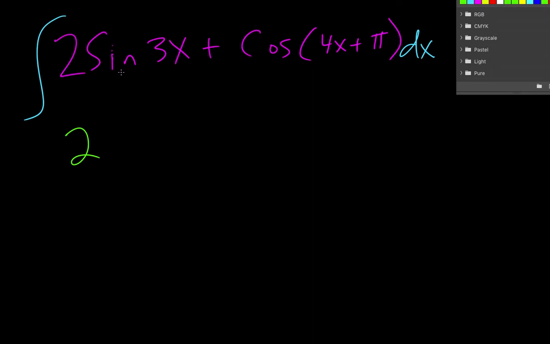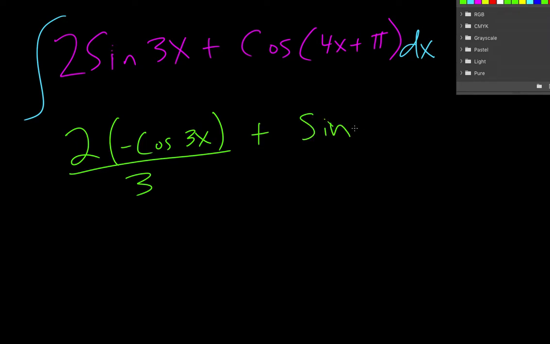Now the antiderivative of sine is negative cosine, so we get negative cosine 3x, and then we're going to divide by the derivative of the inside, so we divide everything by 3. Now the antiderivative of cosine is positive sine, so we get sine, rewrite the inside, and then we want to divide everything by the derivative of the inside.